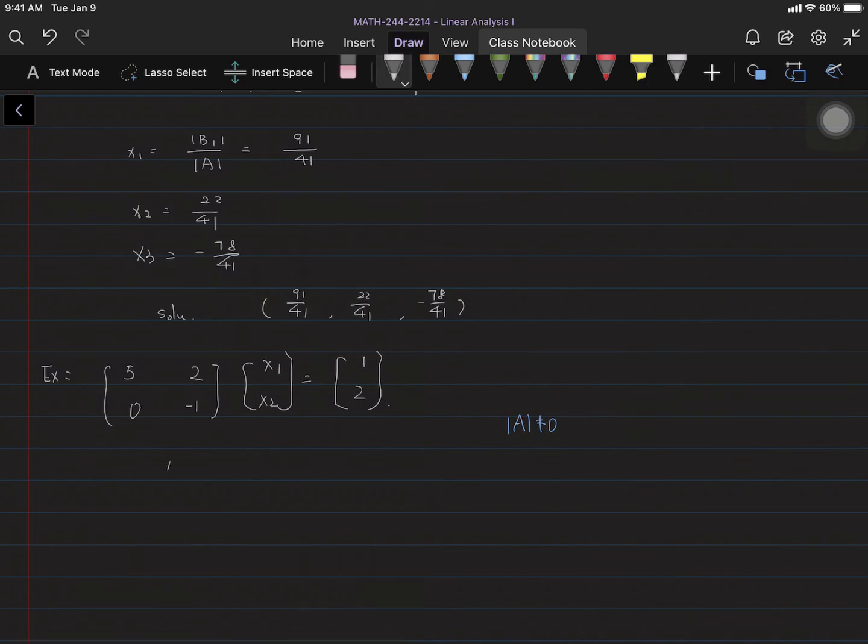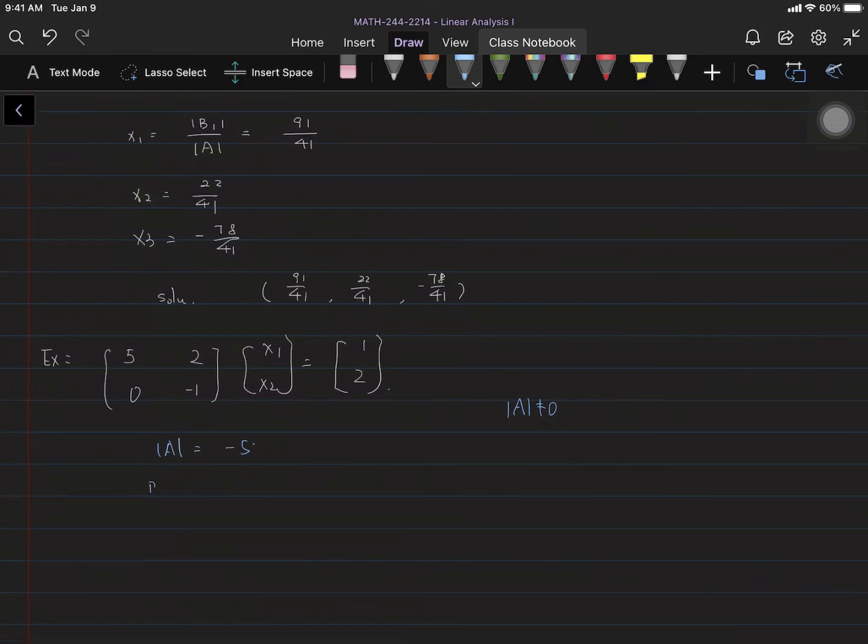It's not 0. Okay. So firstly, I calculate the determinant, negative 5. And then I calculate B1. B1 replaces the first column and we calculate this determinant. Negative 1 minus 4, negative 5. B2, which is the second column replaced by B, which is 10.